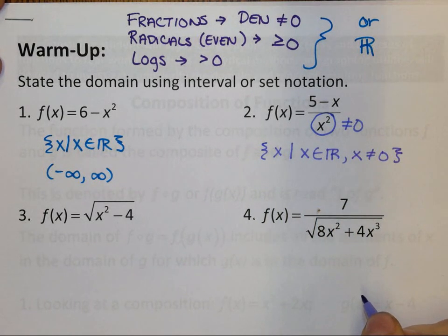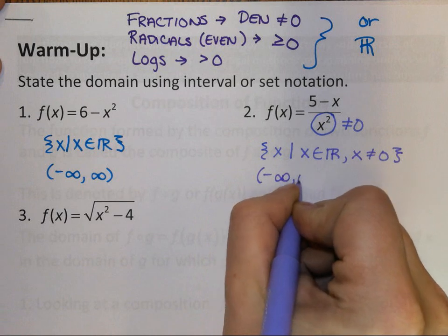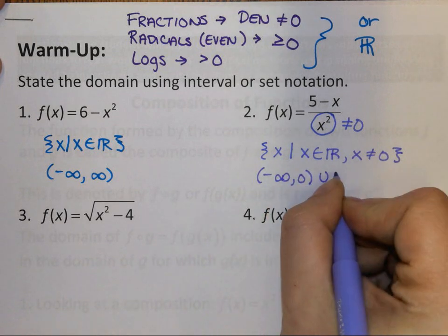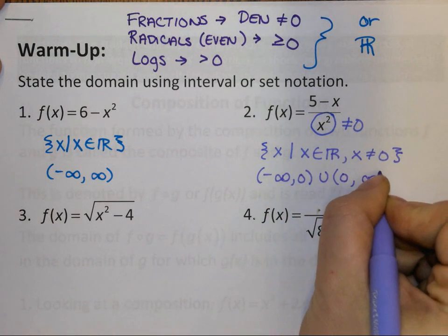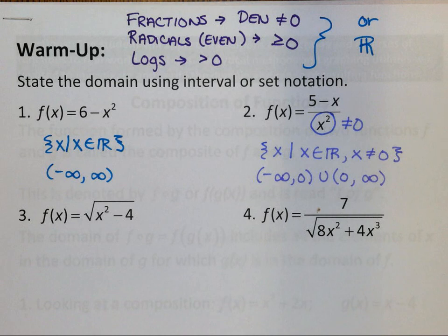So it's an element of the reals, but not 0. If you were to do this in interval notation, it would go from negative infinity to 0, both with parentheses, union 0 to infinity. I don't even care if you go from one question to another, mix and matching. But please do not combine interval and set notation in the same problem.